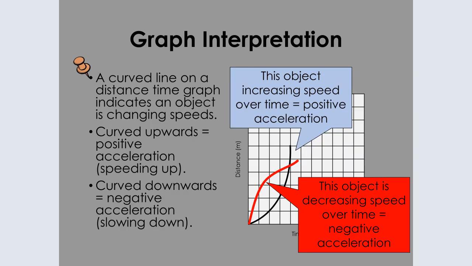A curved line in a distance time graph indicates a changing speed. Curved lines mean acceleration. We haven't talked about that yet. Now remember, constant speed looks like this: one dot in front of the other, the same distance apart.